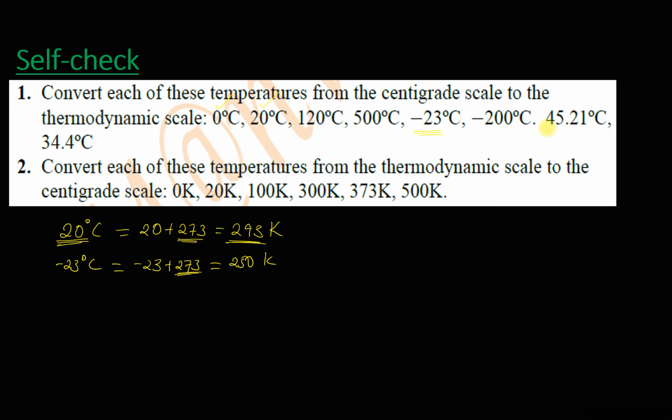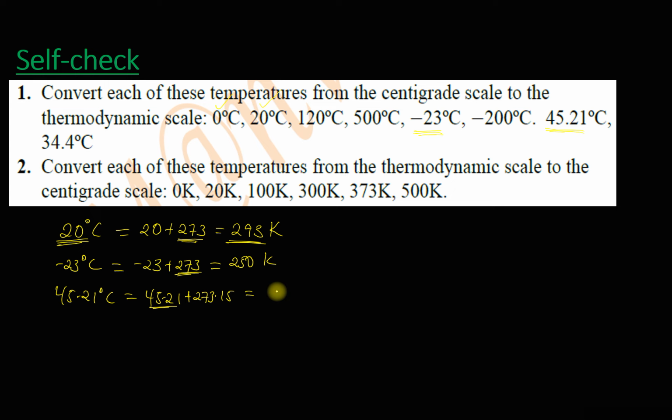Let me try to check 45.21 degrees Celsius. If we are given 45.21 degrees Celsius, these are two decimal places, so I cannot use 273. To convert this, I will say this is 45.21 plus 273.15. I will use the actual value, because this means this is more precise.